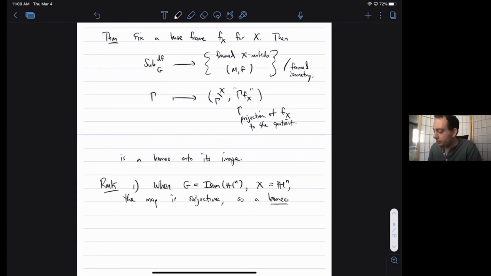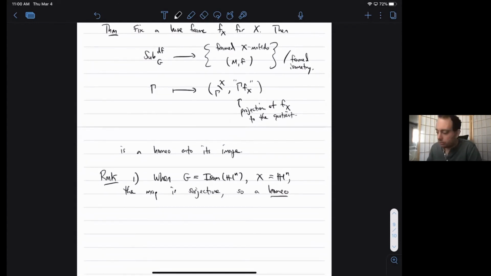Right, but in general, that's not the case. In general, it's not surjective.